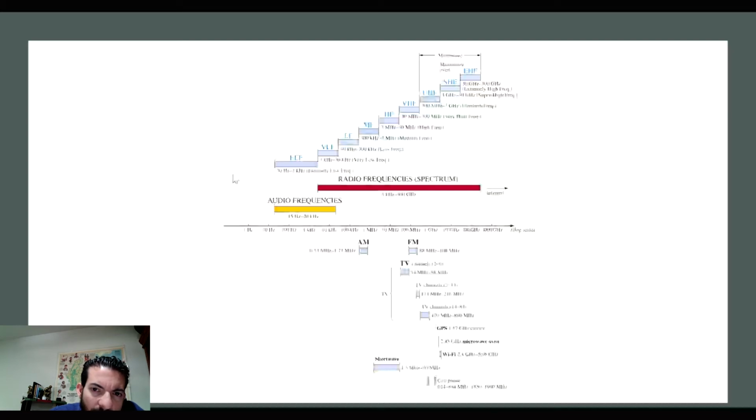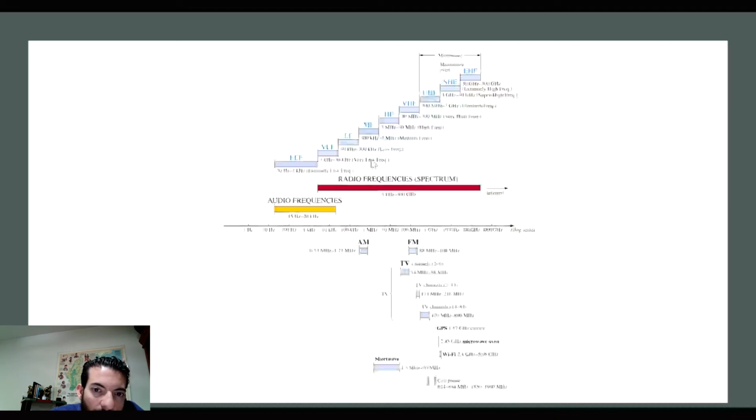Then we have different types of waves that are by the standard of the IEEE, the Institute of Electrical and Electronics Engineers. You have ELF, which is extremely low frequency, which is what humans can hear.